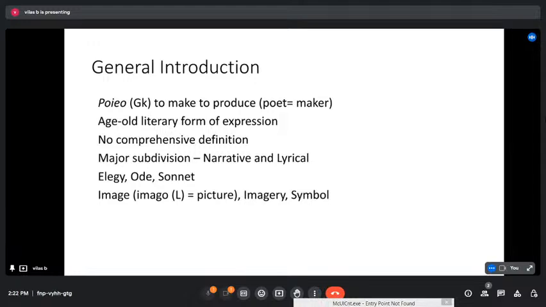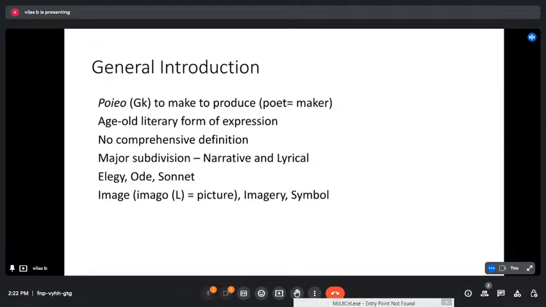It is also modified by several people, but its function is to teach and to entertain. Several definitions you can find: a poem should not mean but be, or Ezra Pound's image as a moment. People have explained poetry in different ways.